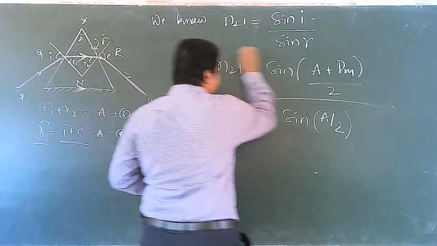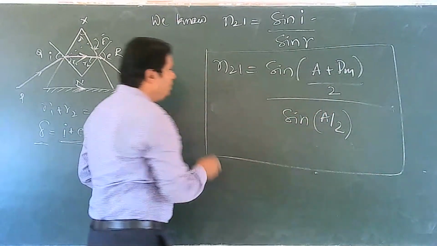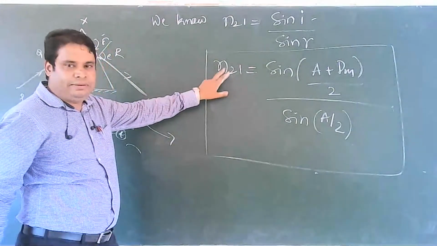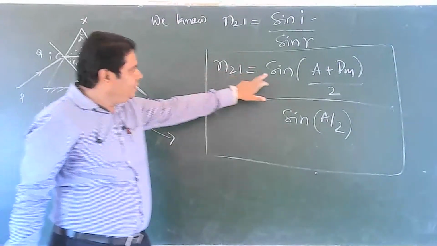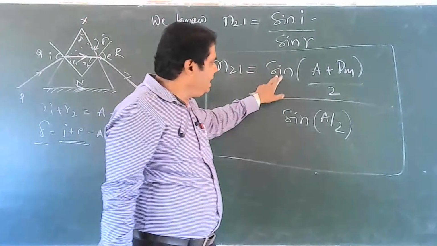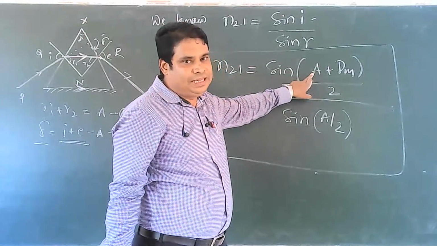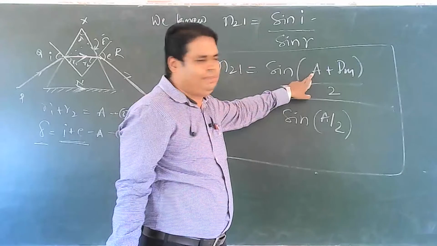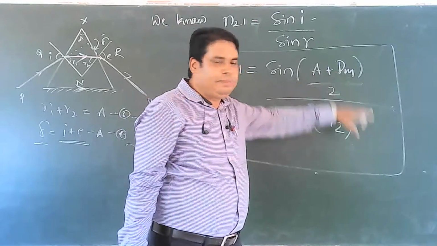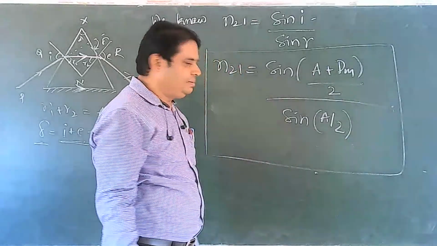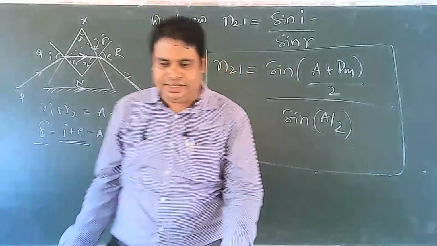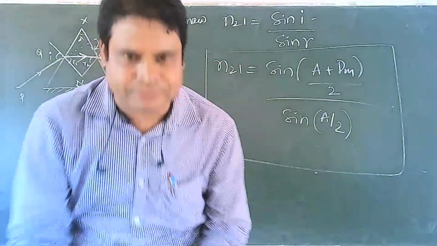This is the required equation, where n21 represents the refractive index of the second medium with respect to the first medium, according to Snell's law. A represents the angle of prism, plus dm represents the angle of minimum deviation. This is the most required equation. This is the required final equation.